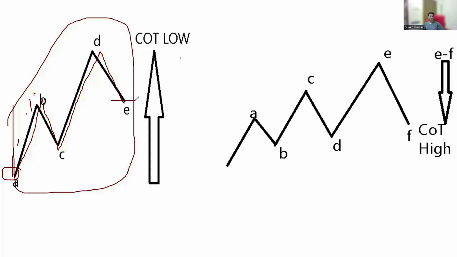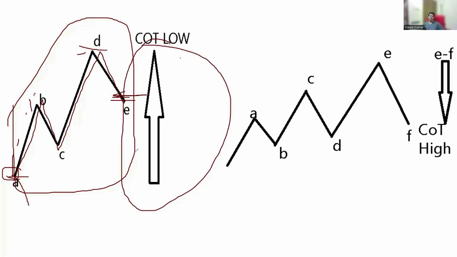This is where the price finally closed. Now, from this low point, assuming that this is the low, there was no new low after the open. From this point to this point, we call it cart low, right? The whole A, B, C, D, we call it cart low.